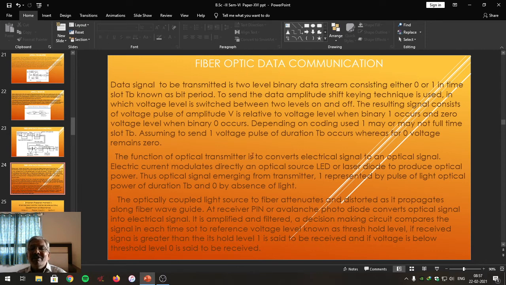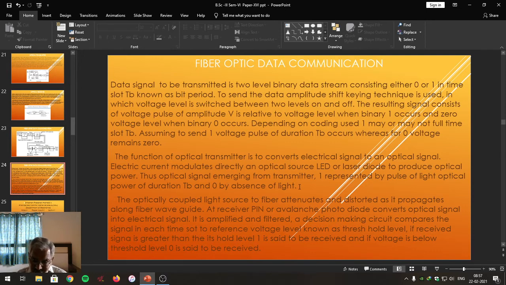The function of the optical transmitter is to convert the electrical signal into an optical signal. Electric current directly modulates an optical source, LED or laser diode, to produce optical power. Thus, the optical signal emerging from the transmitter, 1 is represented by a pulse of light, optical power of duration TB, and 0 by absence of light.